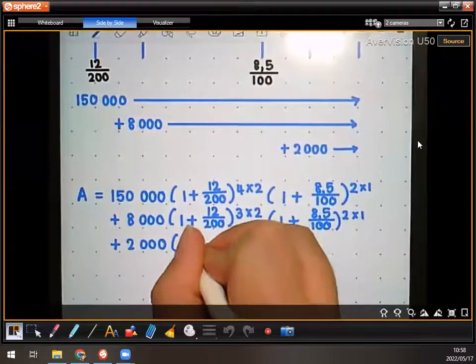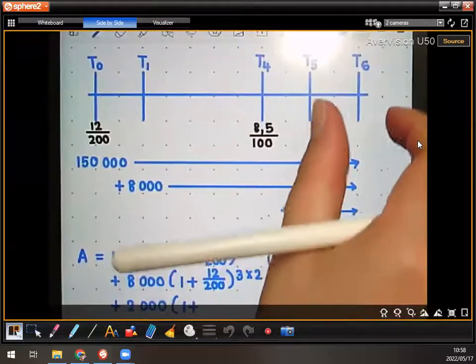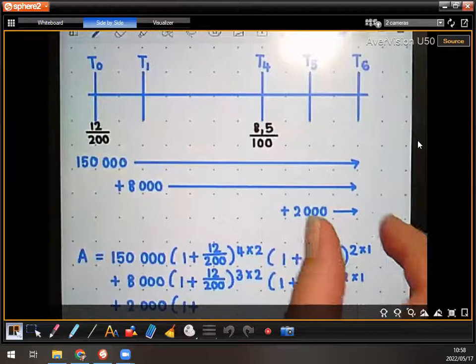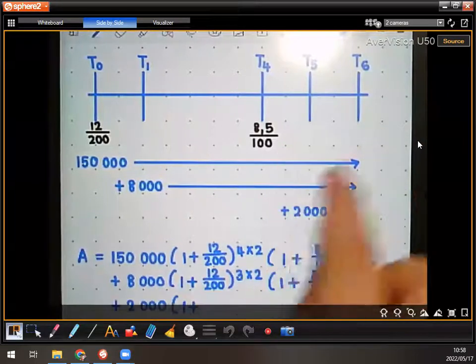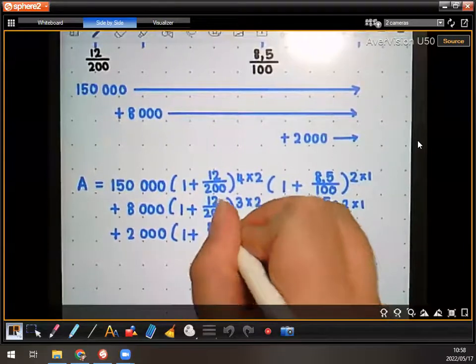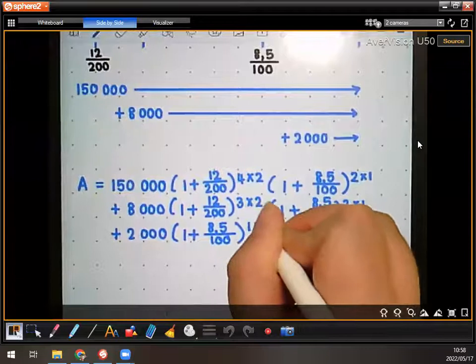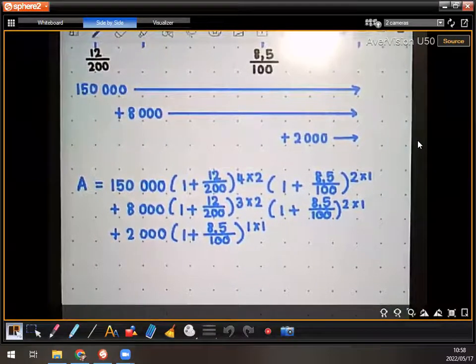So that was only in the account at the second interest rate, right? That's very important. So we all see that. For just 1 year at the second interest rate. So that interest bracket is 8.5 over 100 to the power of 1 year times 1 year. Actually, because it's an exponent of 1, you don't even have to write that.